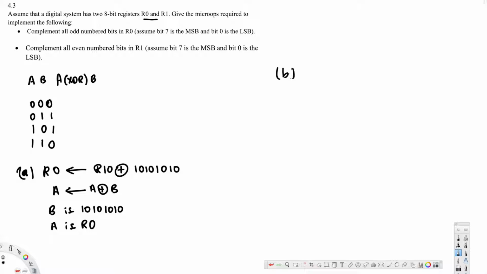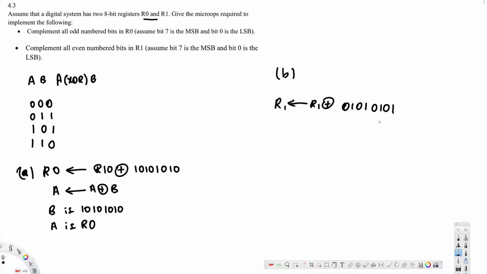Now let's look at the second part. For the second part, R1 comes from R1 XOR 0 1 0 1 0 1 0 1.